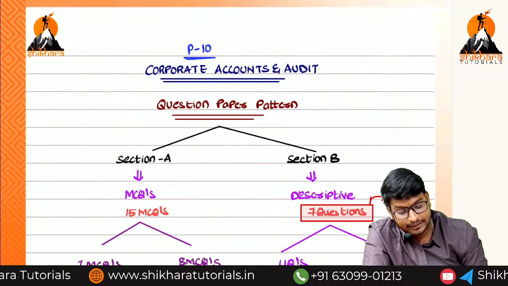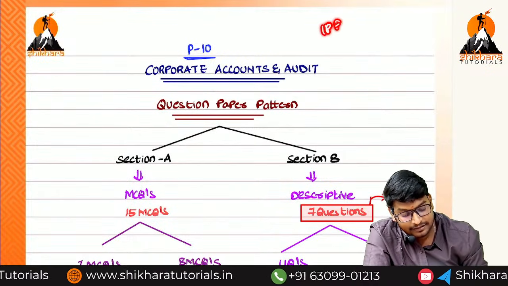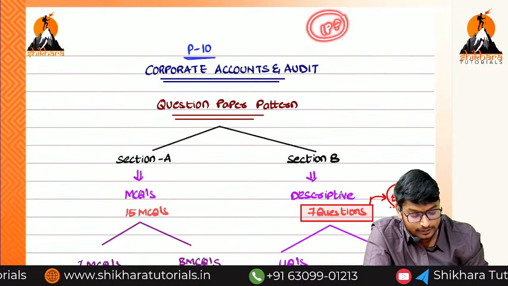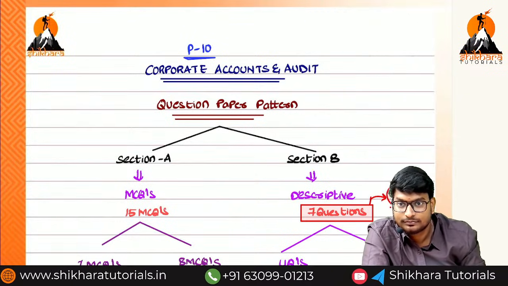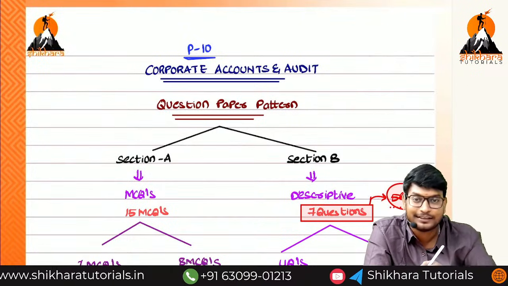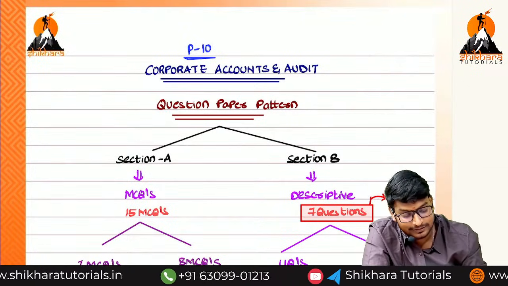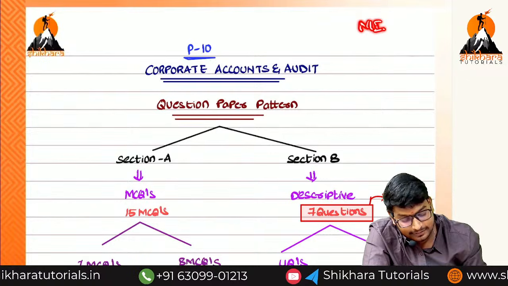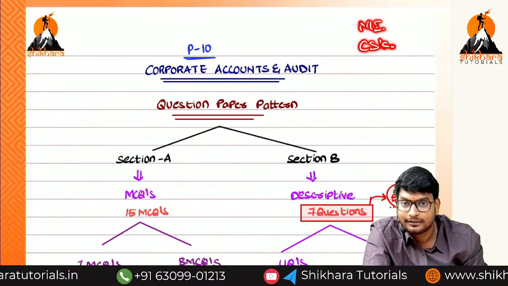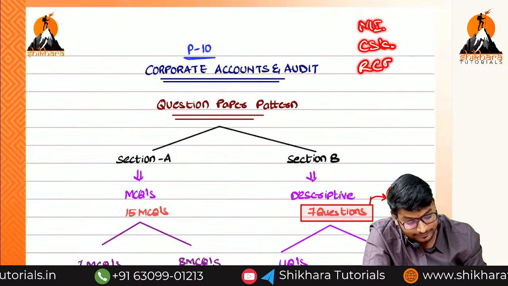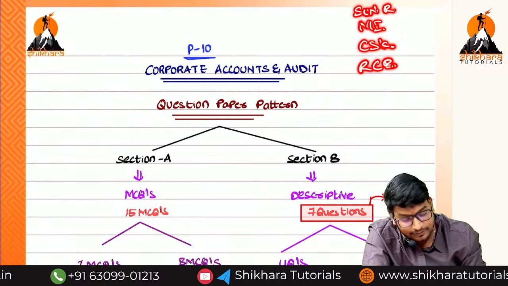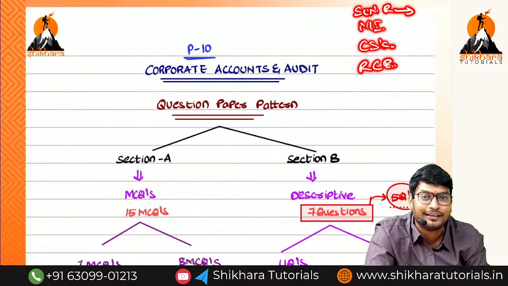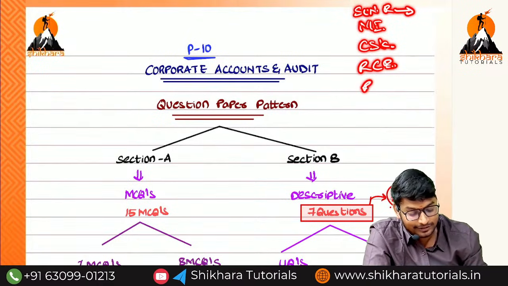If you take the IPL, in the IPL we have different teams. What are the teams' names? If you know, Mumbai Indians, CSK, RCB, Sunrisers, located in Hyderabad, Rajasthan Royals.